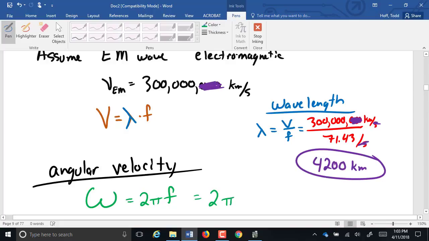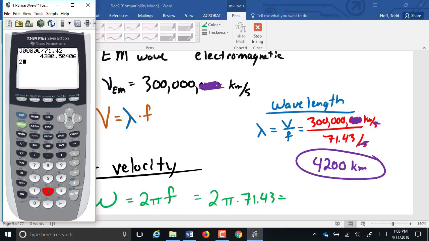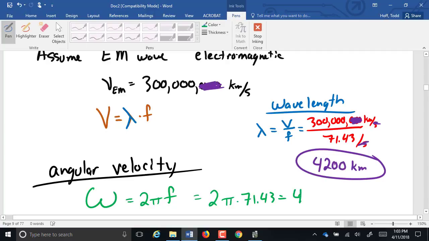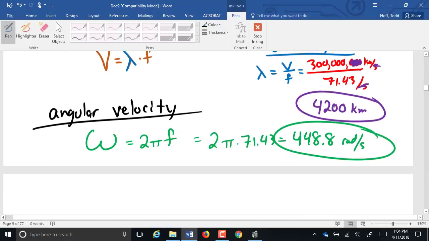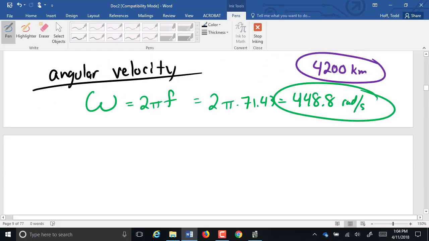So it's 2 times pi times 71.43, which is 448.8. That's going to be in radians per second. Does that all look familiar? A little bit.